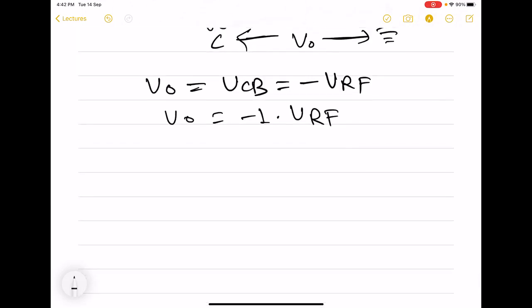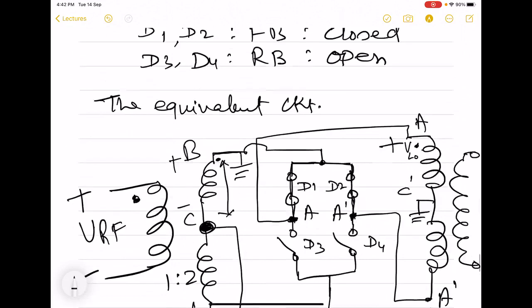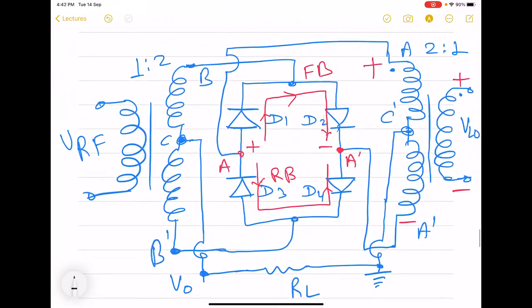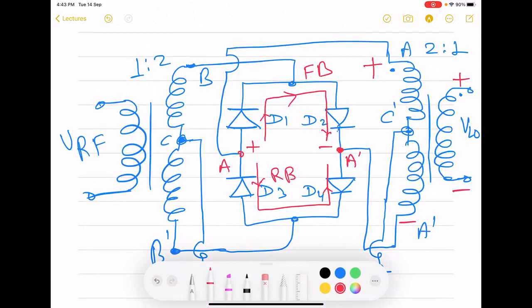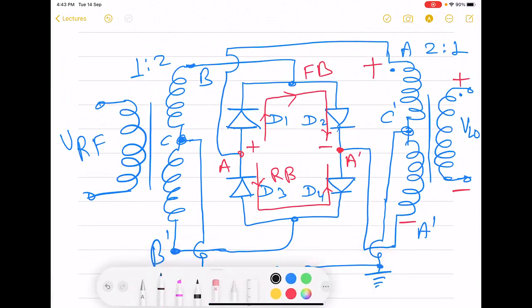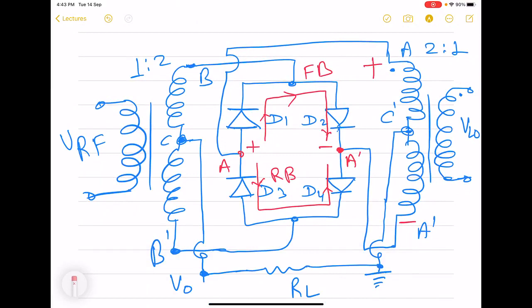Now let us consider case 2. That means VLO is low. So what we now have is just a reverse situation of the previous case. So now we have this as positive polarity, this is negative polarity.